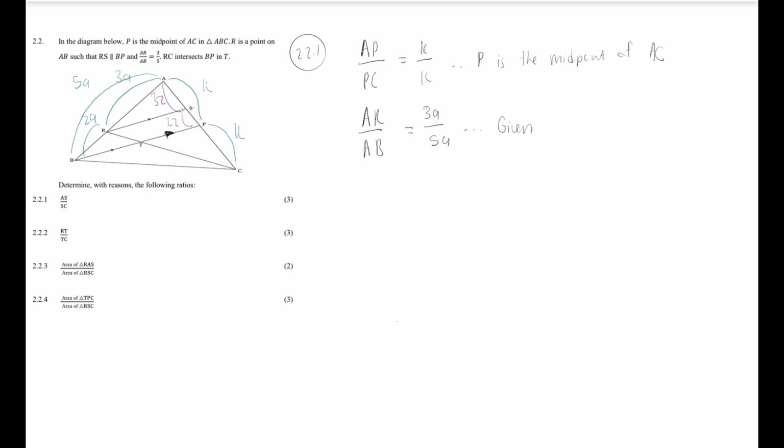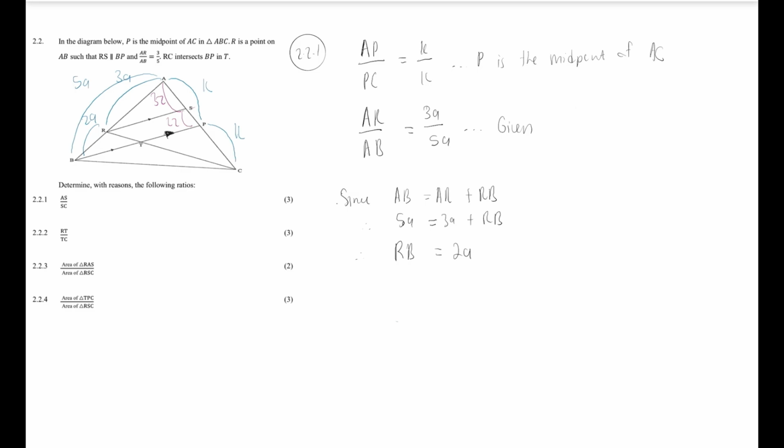And then now I want to say, therefore, since AB is equal to AR plus RB, my AB is 5A, my AR is 3A, and therefore my RB is going to be equal to 5A minus 3A, which is 2A.